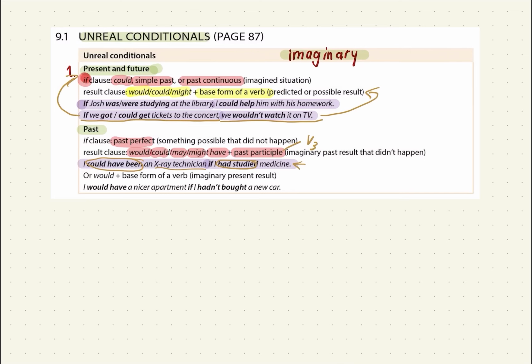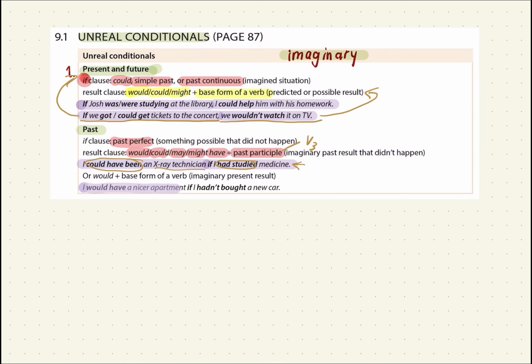You may be a teacher, a doctor, but not an X-ray technician, because you didn't study medicine. You cannot change what you have done in the past. It's already happened. The sentence just shows the hypothetical results.